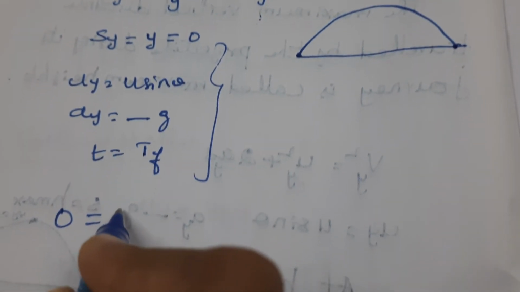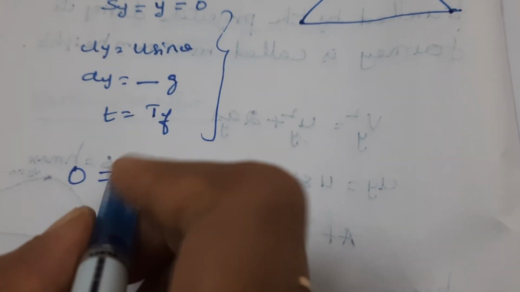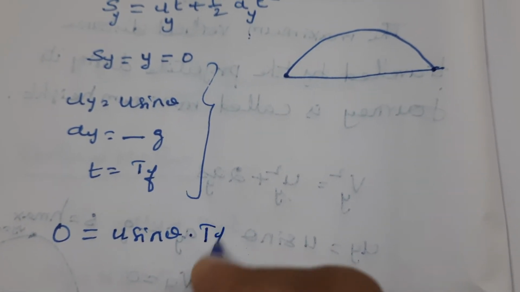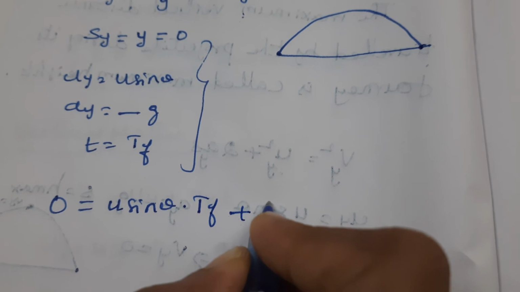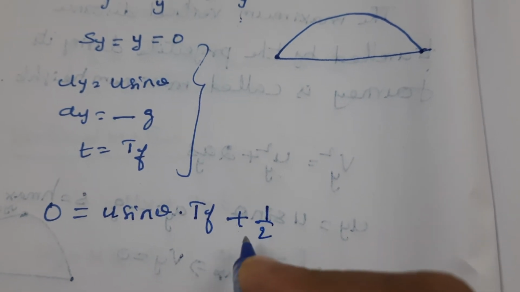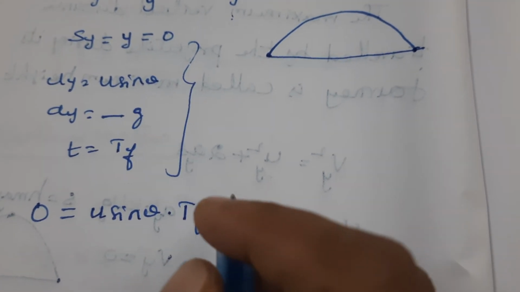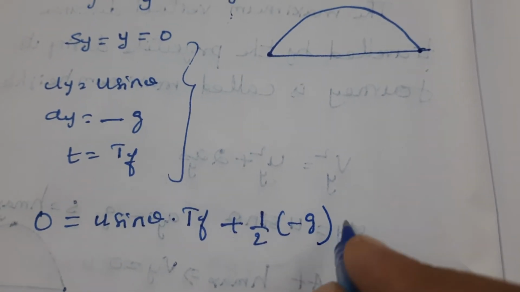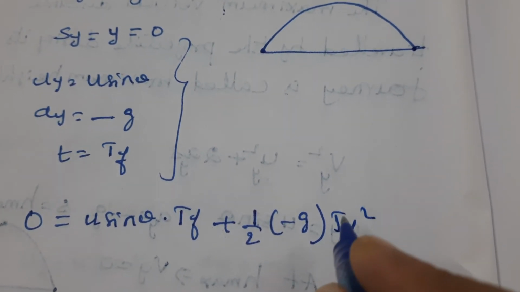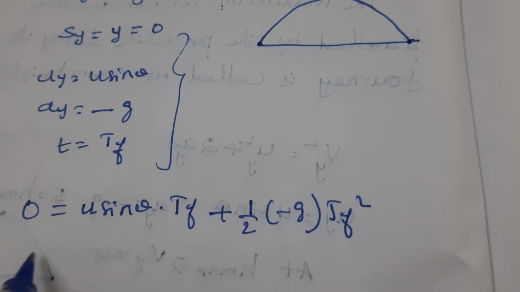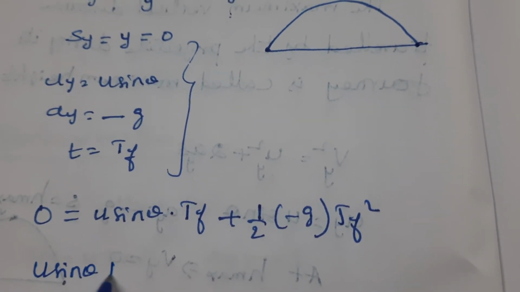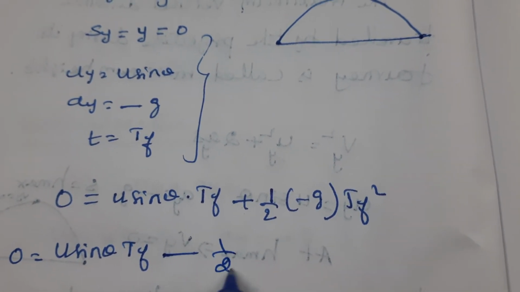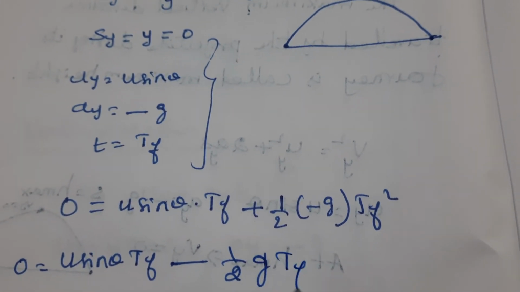So 0 is equal to uy, that is u sin theta into tf, plus half at squared. What is a? Minus g. What is t? tf squared. So 0 is equal to u sin theta tf minus half g tf squared.